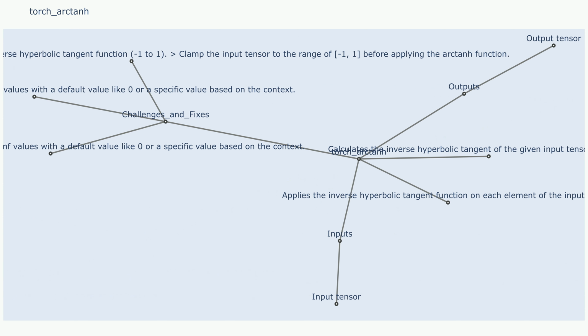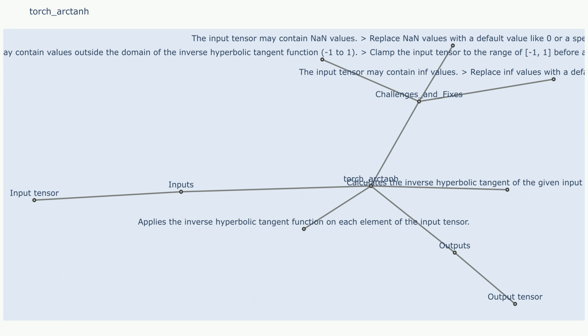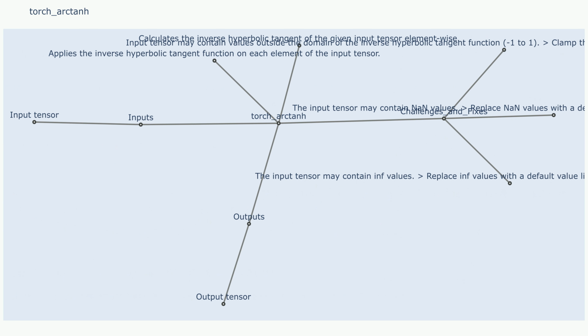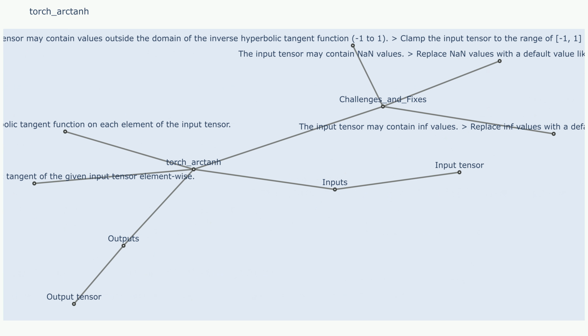Input a tensor containing the values whose inverse hyperbolic tangent needs to be computed. The input tensor can be of any shape and data type. Outputs. Output a tensor of the same shape as the input tensor, containing the inverse hyperbolic tangent values of the input elements. The output tensor will have the same data type as the input tensor.